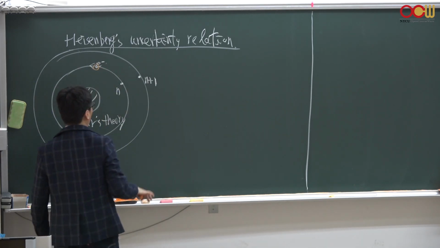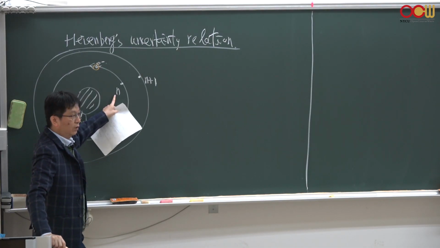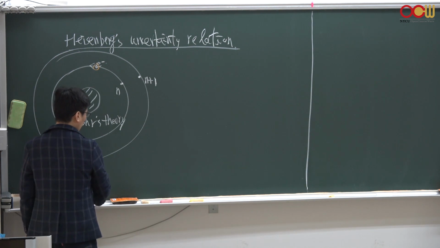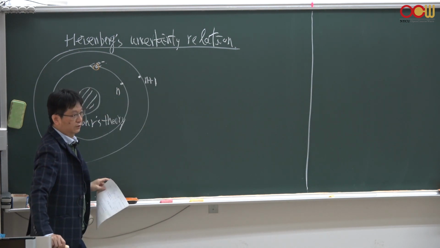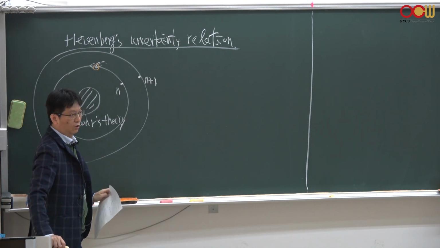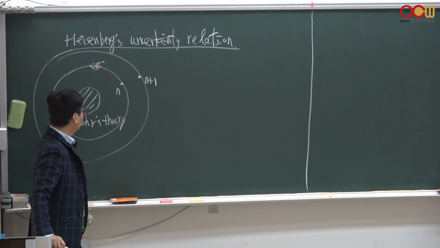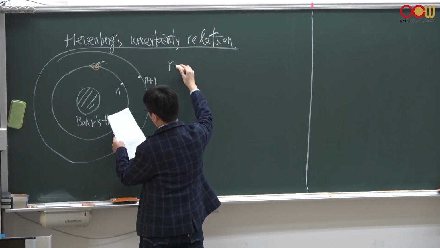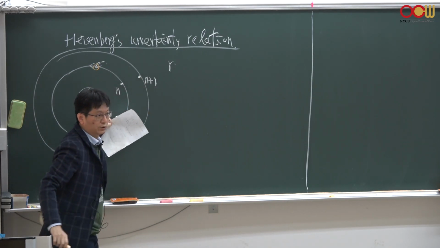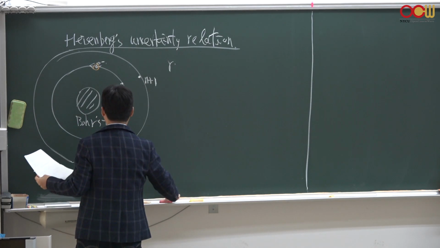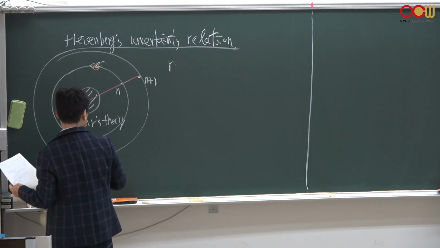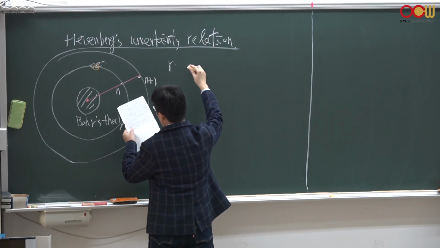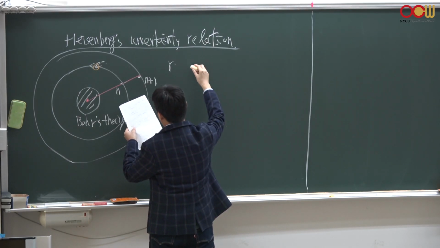Suppose there are two Bohr orbits labeled by quantum numbers n and n plus 1, where n plus 1 is located further from the nucleus than the orbit labeled by n. You know that the radius of any Bohr orbit, relative to the center of the nuclear core, is proportional to n squared.